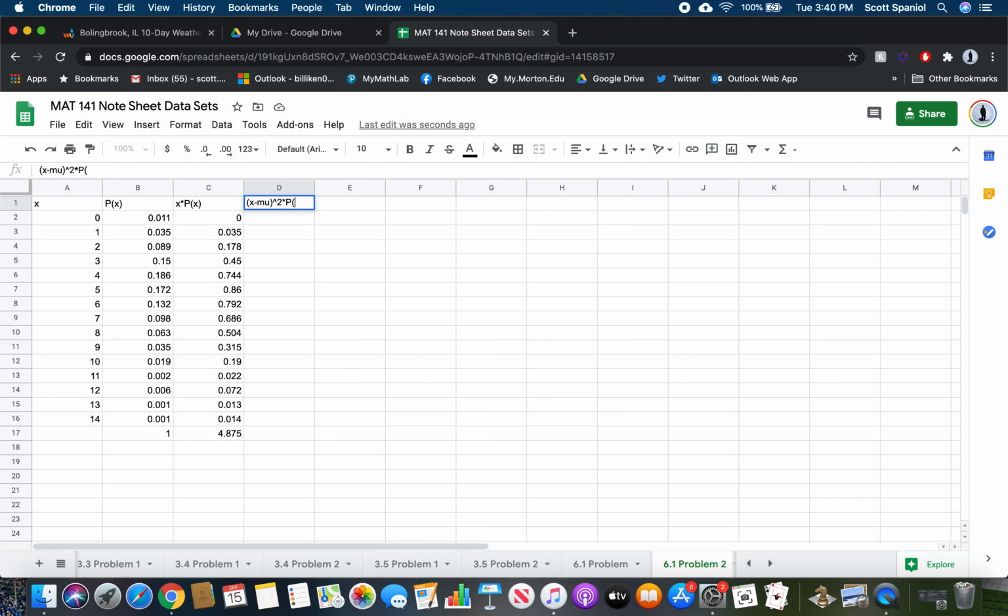So that's A2, whoops, equals, don't forget the equals, else it won't do it, A2 minus our mean, which is in C17, so C$17, close parentheses, squared, times P of x, which is in B2.